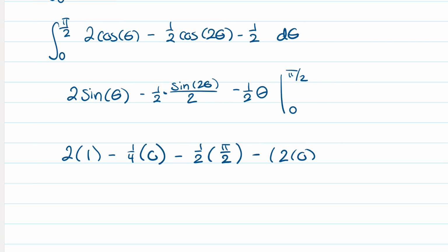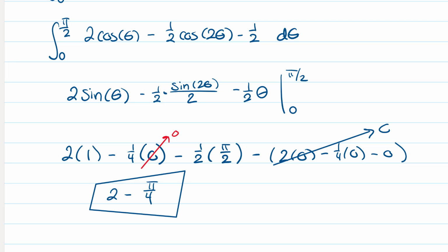So this would be 2 times 0, 1/4 times 0, minus 0. So all of this just goes to 0. And so I get 2 minus pi over 4. And that's it.